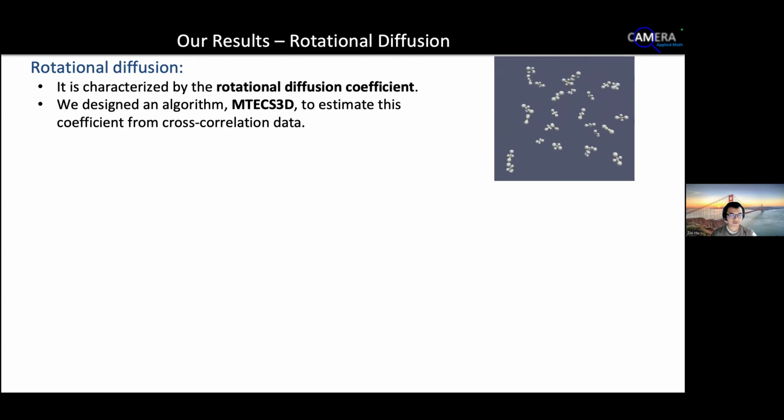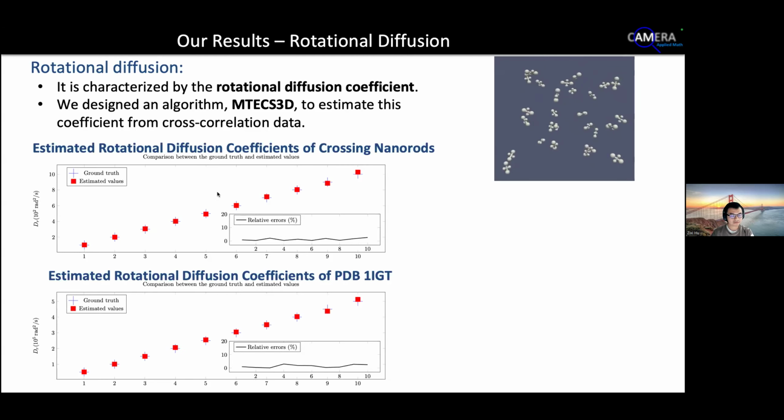Leveraging an advanced correlation analysis, namely the angular temporal cross correlation, we designed our algorithm MTech3D to estimate this coefficient. The details of the angular temporal cross correlation will be covered in the next section. We tested the performance of this algorithm on a generated dataset obtained from an XPCS simulation framework.